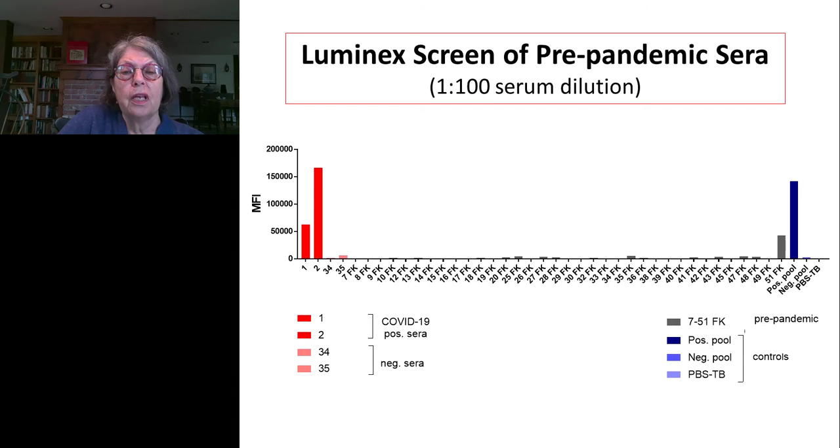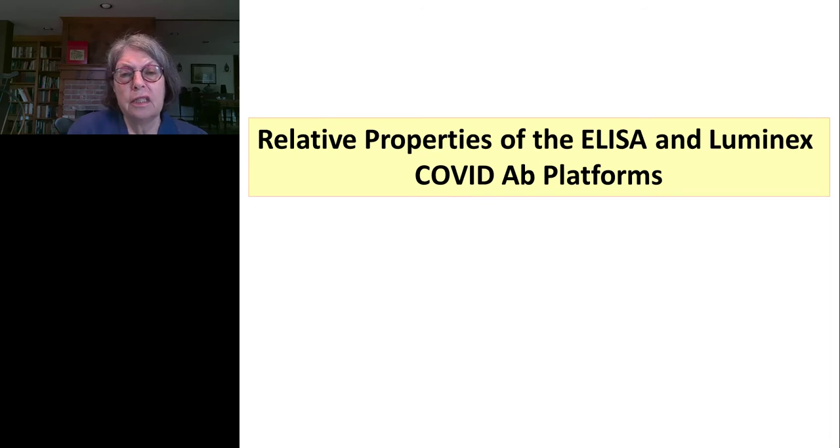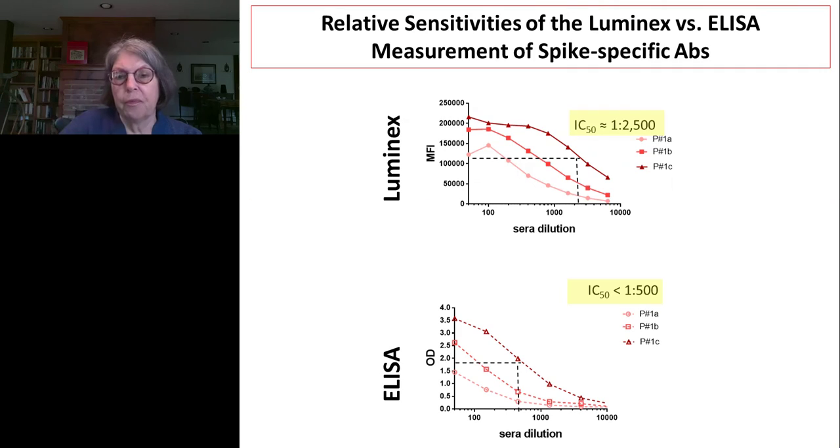So now what I'd like to highlight is the relative properties of the ELISA assay versus the Luminex platform. In this slide, we titrated the same serum, from that first patient where we had the longitudinal specimens at day 8, 11, and 15.